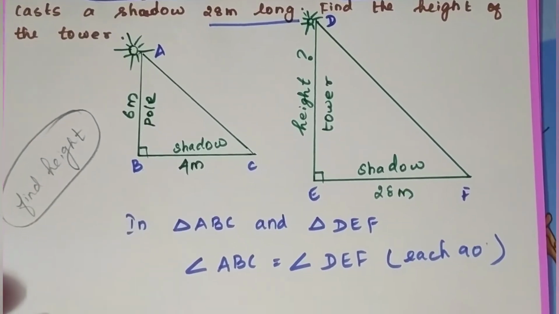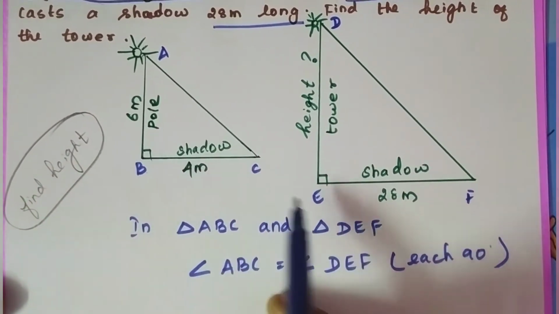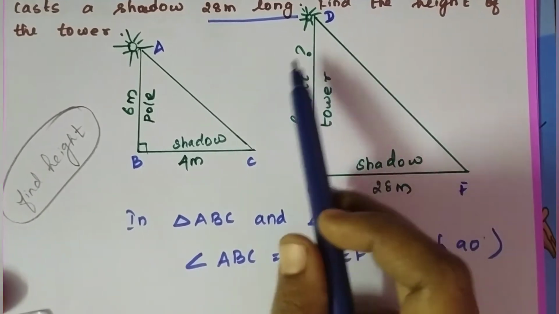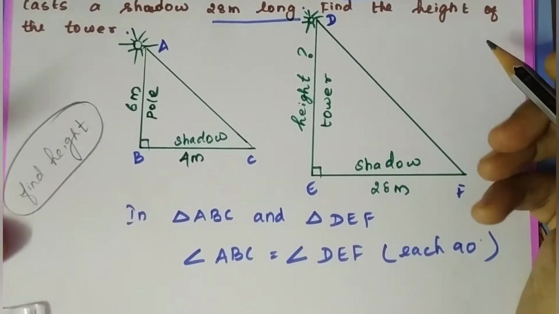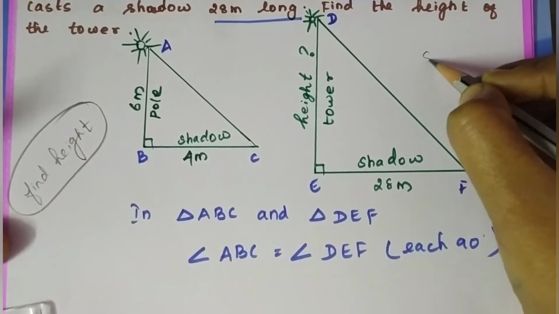That only we know. We can't take the corresponding sides, because we don't know the height of the tower. So which criteria do we have to use?